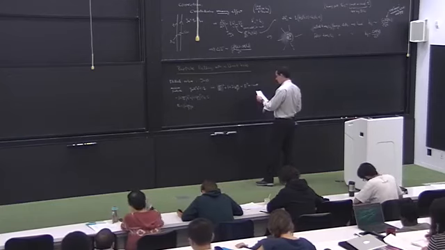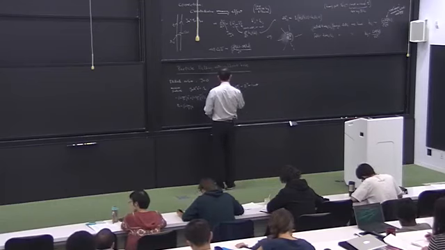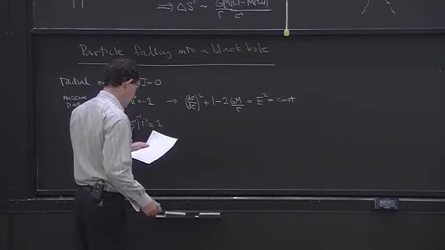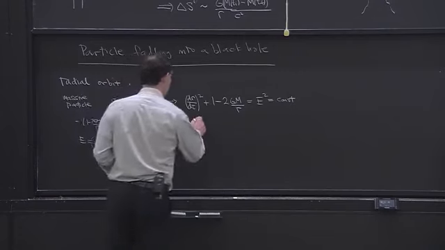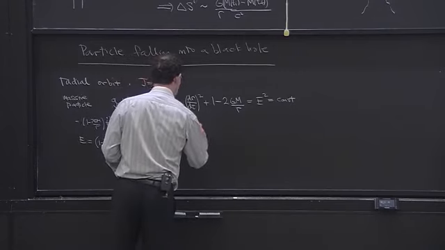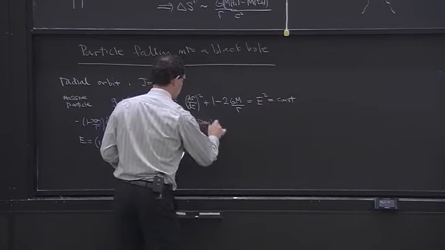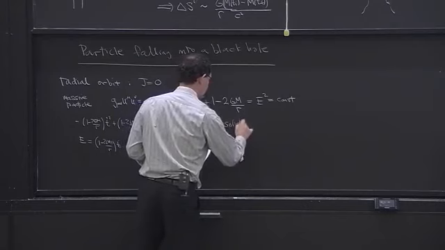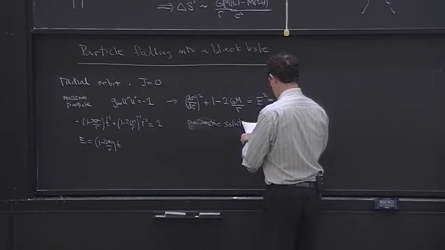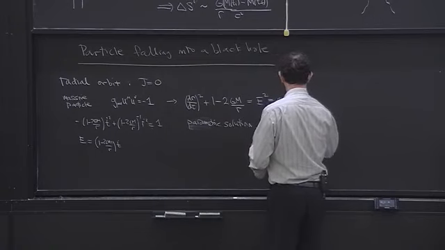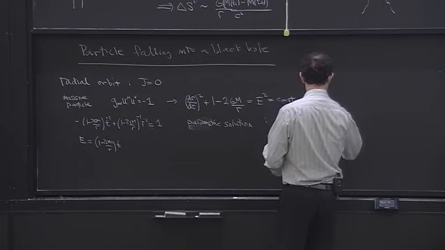So the solution to this equation: it's a nonlinear equation, but it can be solved exactly. There's a parametric solution, and I'll just write it down. You can check it if you like. R equals R over 2 times (1 plus cosine theta).